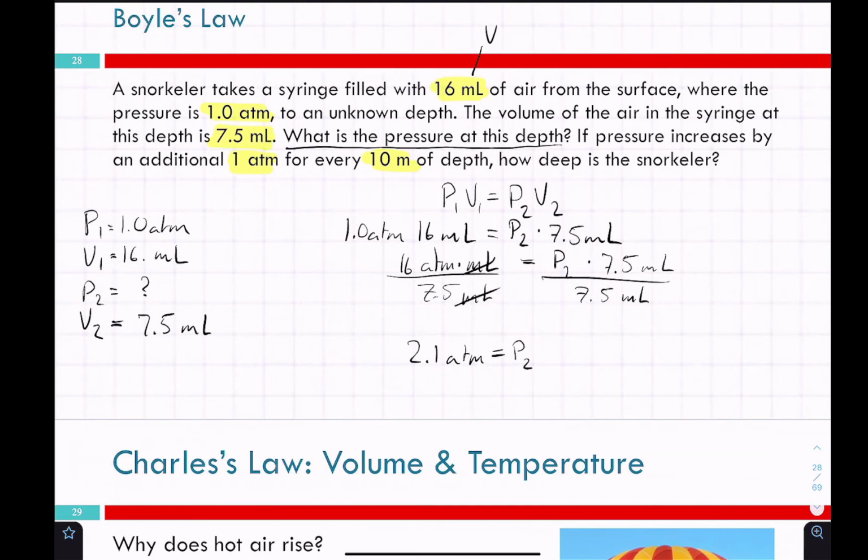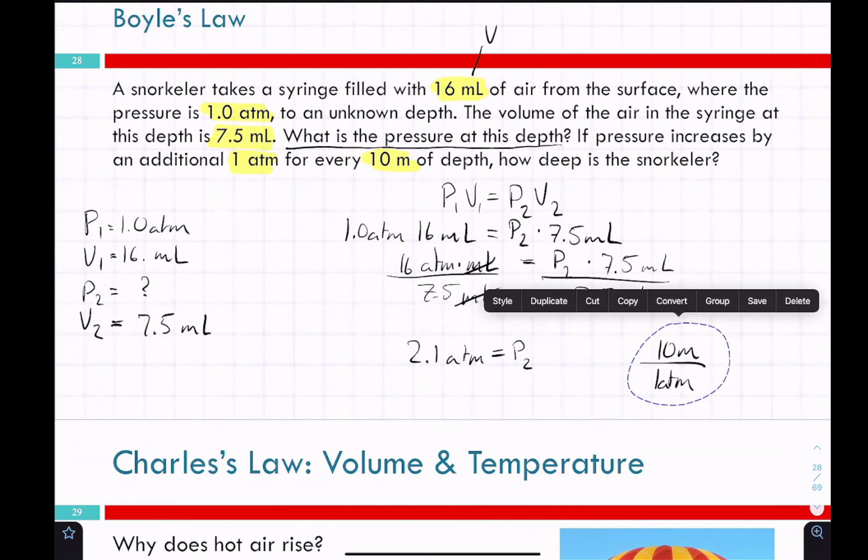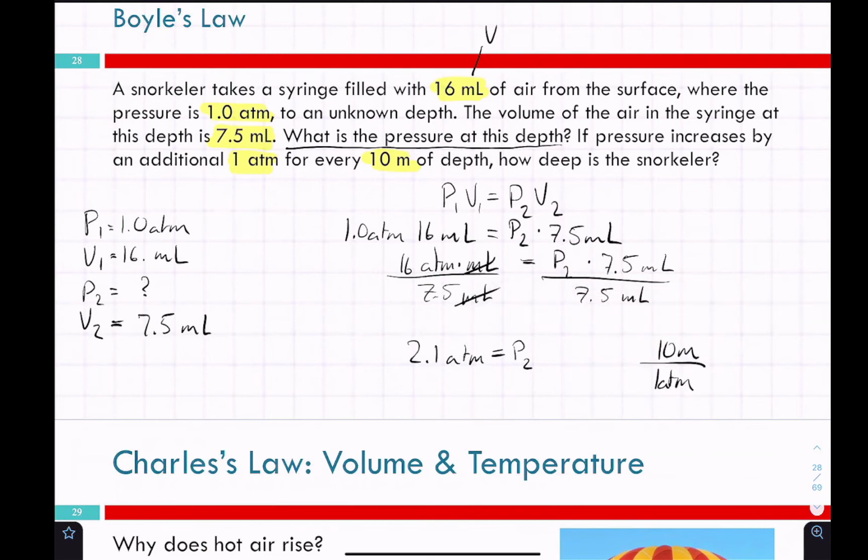And we could set this up a little more formally to say, for every 10 meters, that's 1 atmosphere. So if we're starting at the surface at 1 atmosphere, going down, we've only increased the pressure by 1.1 atmospheres.